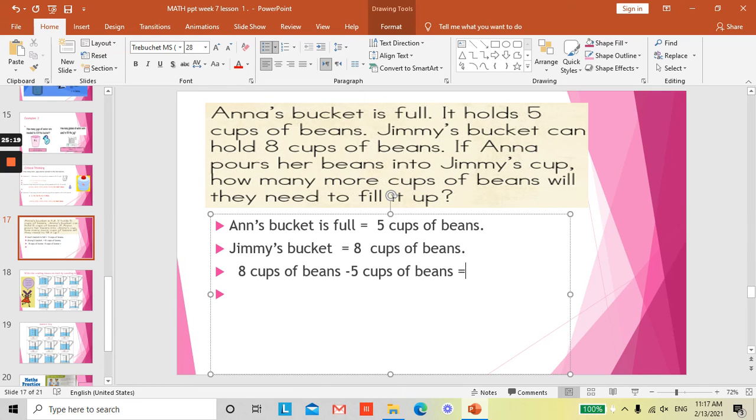So when you take away, 8 minus 5 is going to be 3. So 3 cups will be needed to fill Jimmy's bucket. 3 cups needed. This is our work today.